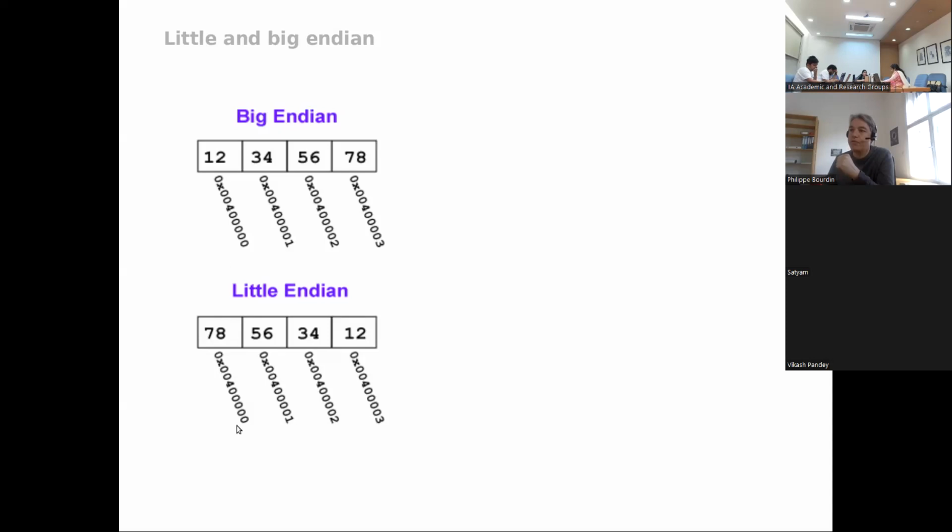If we look at the same addresses of the cells, you see that the number is split in reversed order. So you don't have 8, 7, 6, 5 and so on, but you have 7, 8, 5, 6, 3, 4, 1, 2. And that represents in the physical memory of the computer the same number, right? So that together is the exact same thing, just with 2 types of processors.